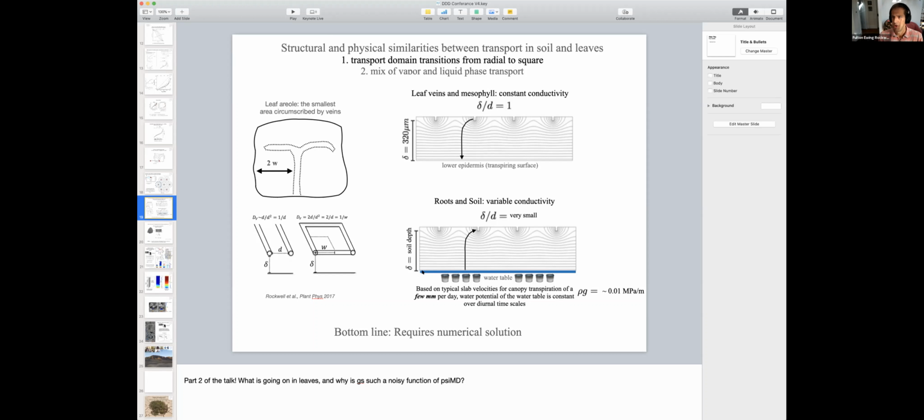We have two different contrasting geometries, the problem. We have this kind of linear geometry, and then we have the circular geometry. It basically means that you have to solve this numerically. I've solved this problem in the context of plants. It turns out it's the exact same problem as vein spacing and a transpiring surface. It's just really the inverse problem.